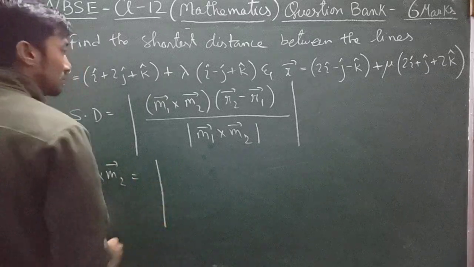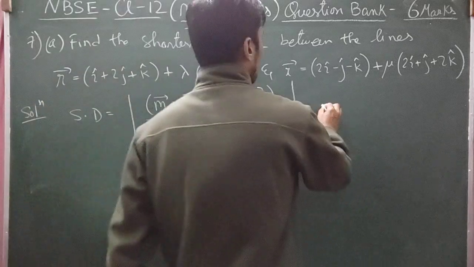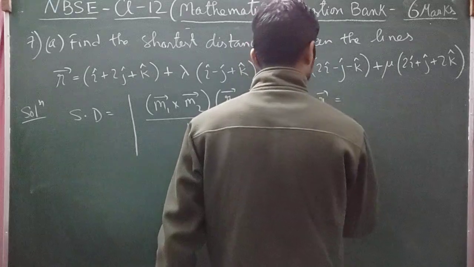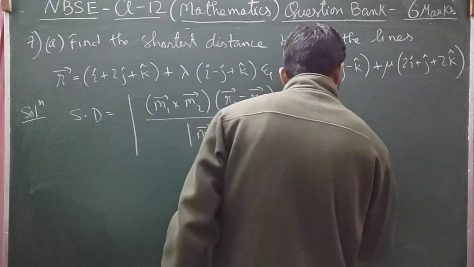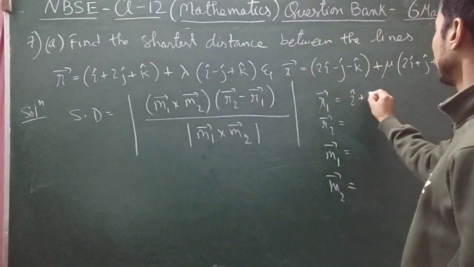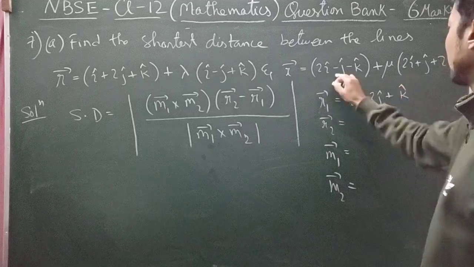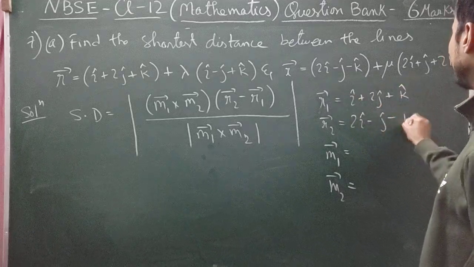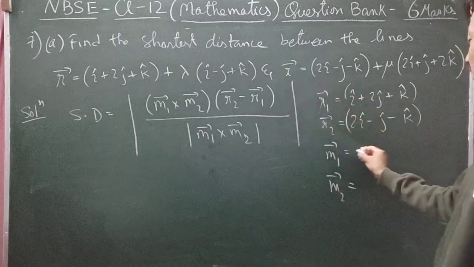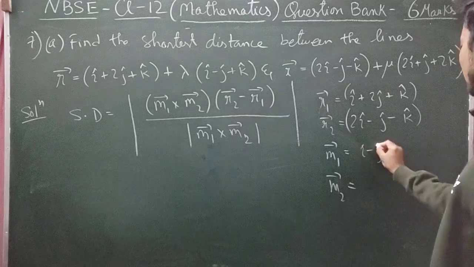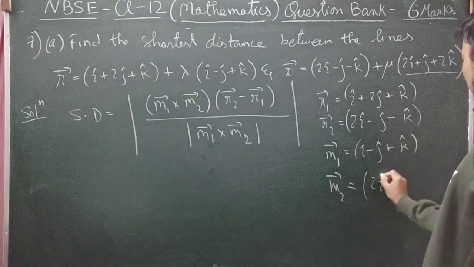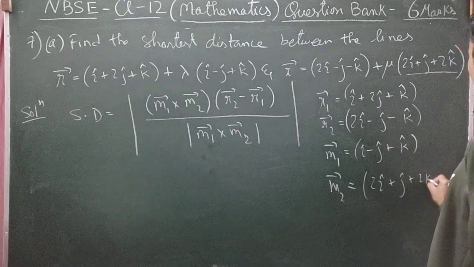Let me write down here what r1, r2, m1 and m2 are. r1 and r2 are the position vectors: r1 is i plus 2j plus k, r2 is 2i minus j minus k. m1 and m2 are the parallel vectors: m1 is i minus j plus k, and m2 is 2i plus j plus 2k.